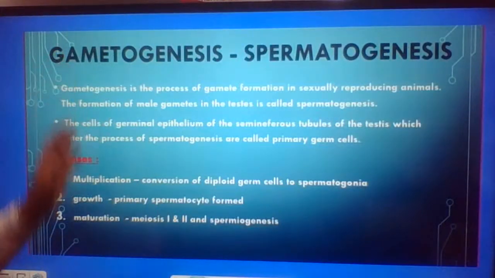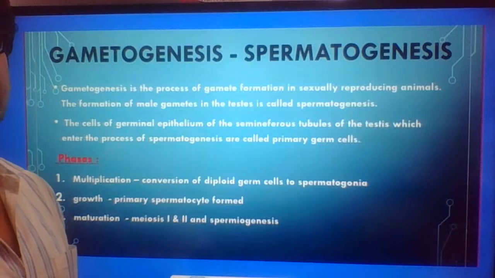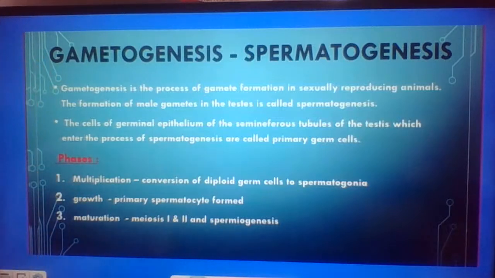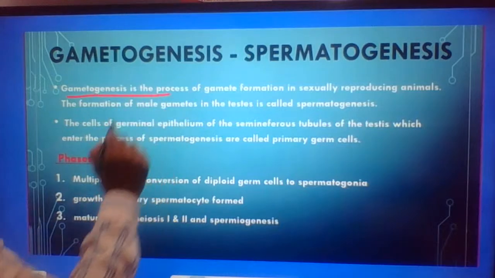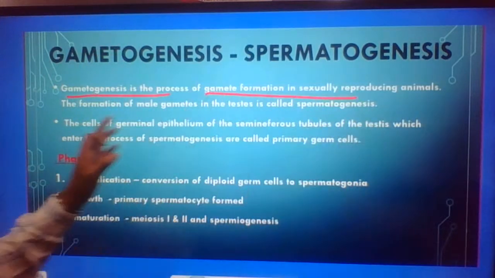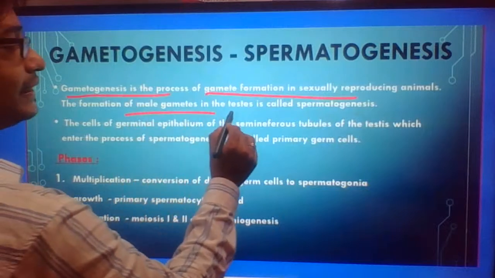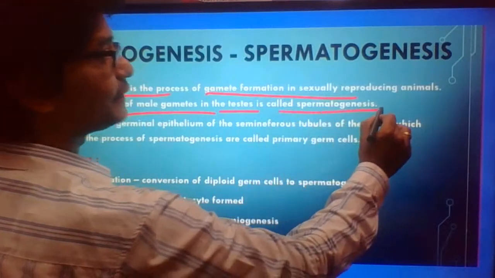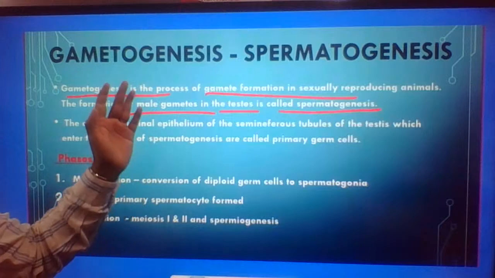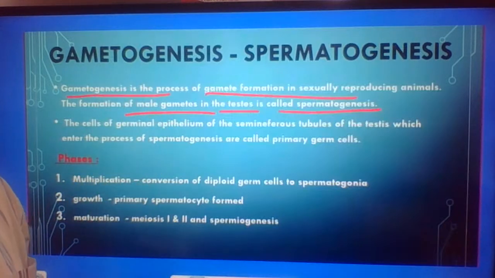Next, come to gametogenesis. So we're done with the female reproductive system. We'll start with gametogenesis. Gametogenesis is the process of gamete formation in sexually reproducing animals. The formation of male gametes in the testis is called spermatogenesis. As we know, gametogenesis in males we call spermatogenesis. In females, what is the name of the process?